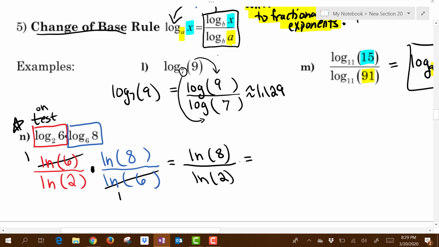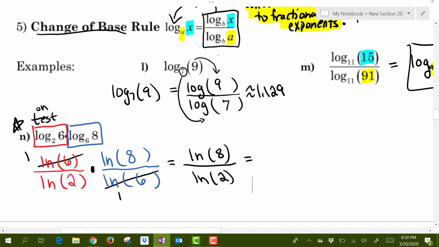Now I could stop and put that into my calculator very easily, but I'm actually going to go a little bit further just because I like to. I noticed that now I'm on the right side of this change of base rule, where I have 2 logs of the same base, natural log, log base e, and I'm dividing in between them.